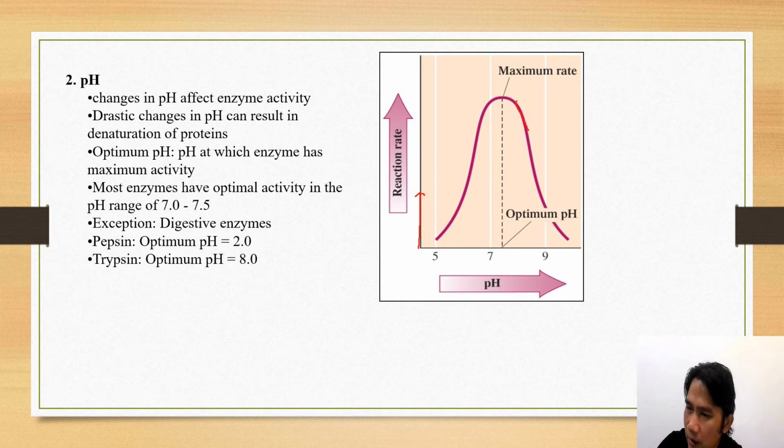As the pH increases, the incorporation of excess base could interfere with the salt bridge in the tertiary structure of protein. So we can say that the protein is now being denatured.